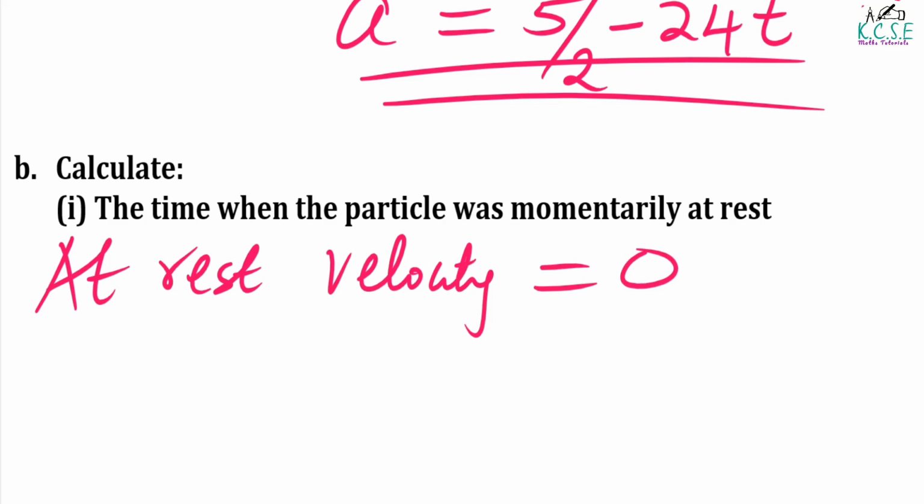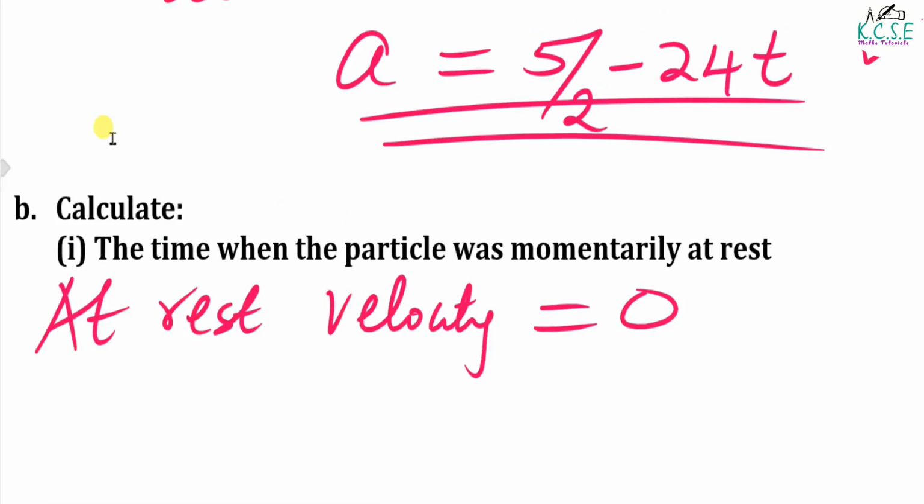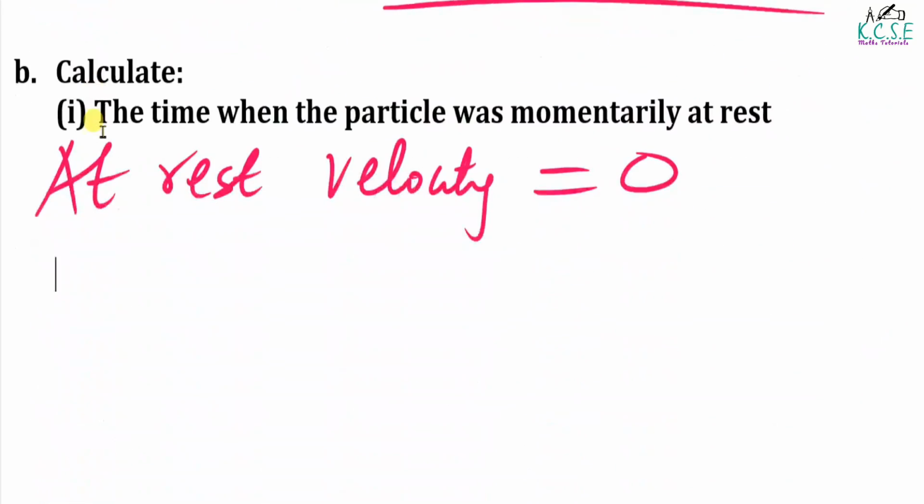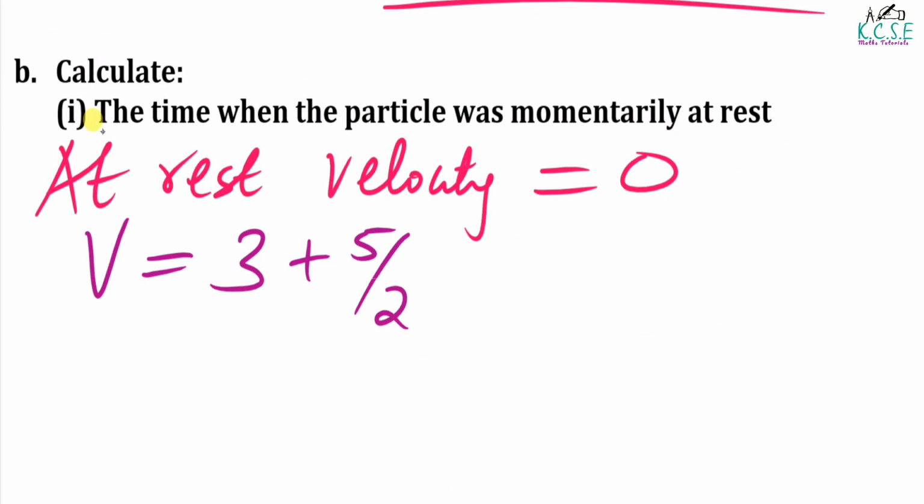When the particle is momentarily at rest, velocity at that time is 0. And therefore, we shall take the expression for velocity, which was here: v is equal to 3 plus 5/2 t minus 12t squared.